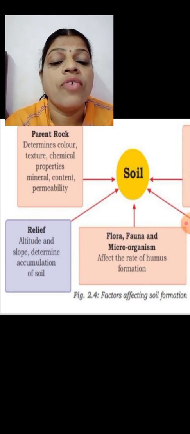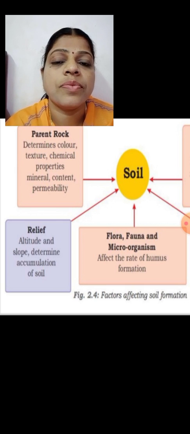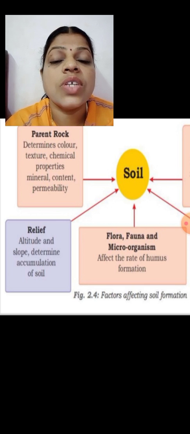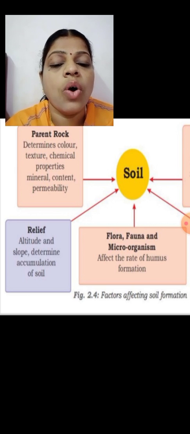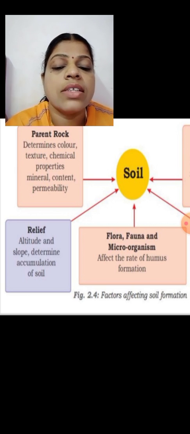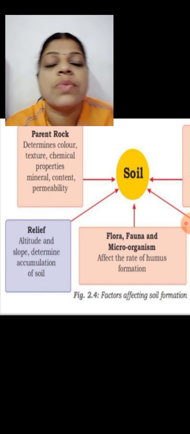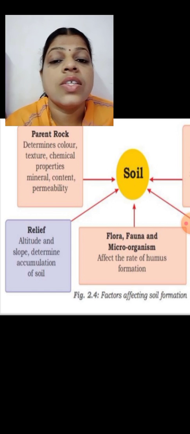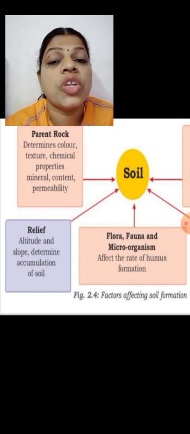What is that? Flora, fauna and microorganisms. You would have studied about flora and fauna, isn't it? The plant kingdom. Yes, all these different types of plants, and then microorganisms. You would have studied in your science classes about the different types of microorganisms.